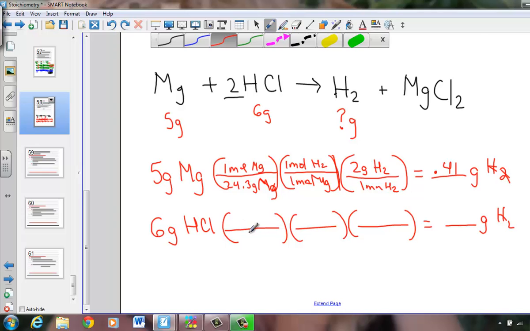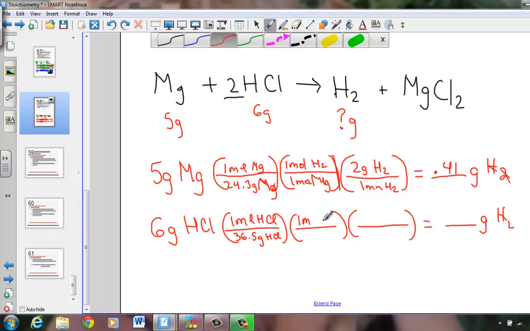Let's see what the next journey would give us. Here we're going to convert grams of HCl into moles of hydrogen, so its molecular mass, 1 for the hydrogen, 35.5 for the chlorine, so that's 36.5 grams per mole for HCl. Same target. I want to know hydrogen.